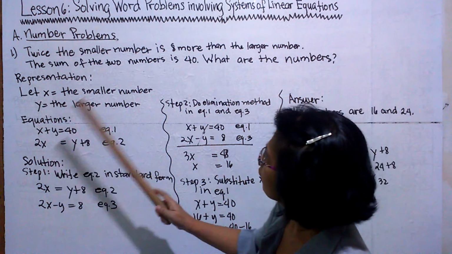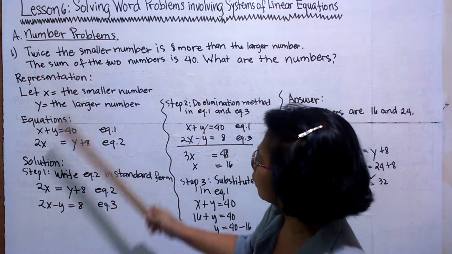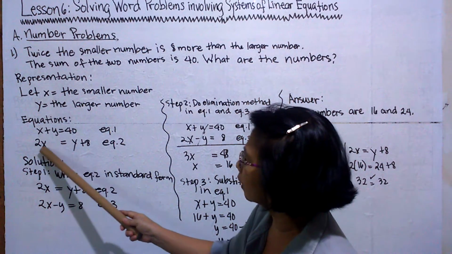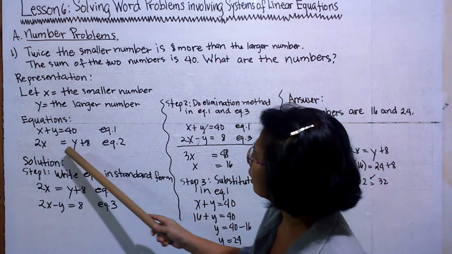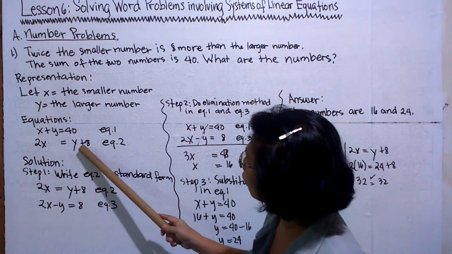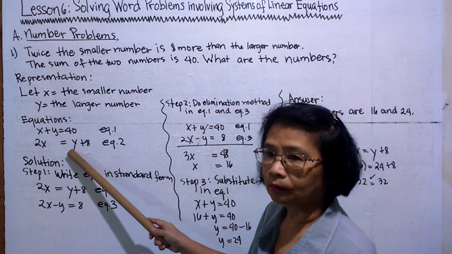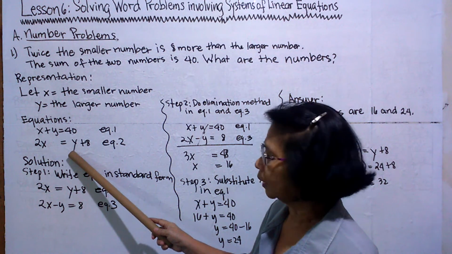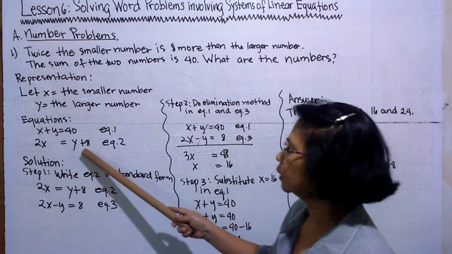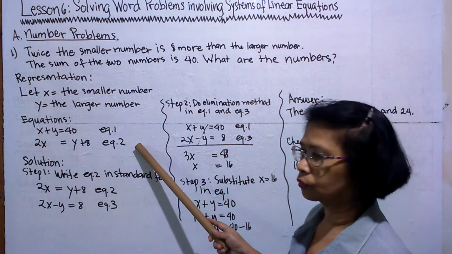So again, twice the smaller number, 2x, is 8 more than the larger number. This is now our equation 2.